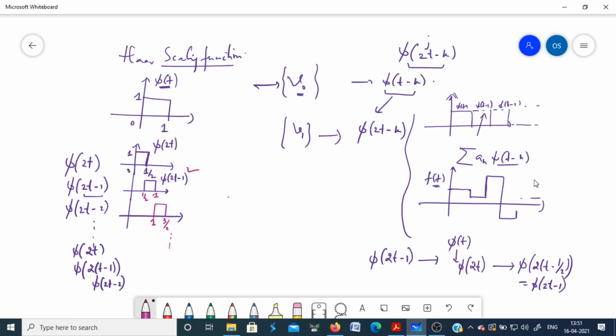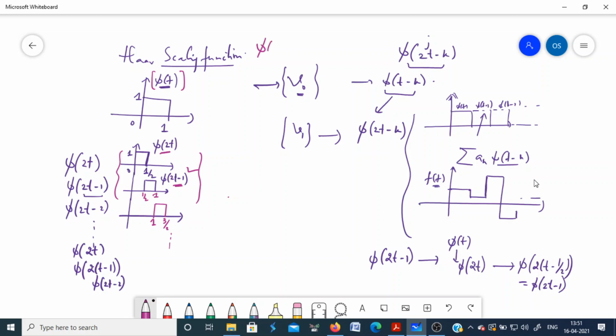Okay. Now in fact, in this space, phi 2t and phi 2t minus 1 can be combined to generate this function phi t. If we simply add these two functions, phi 2t plus phi of 2t minus 1, we will get phi t for this case.